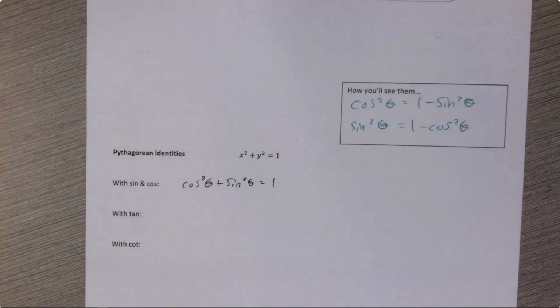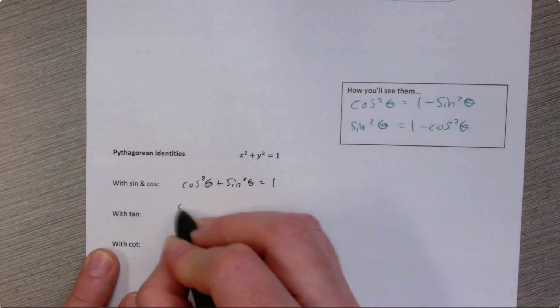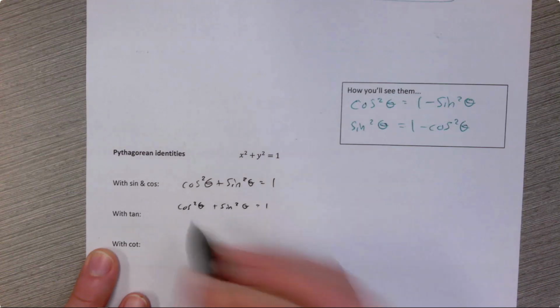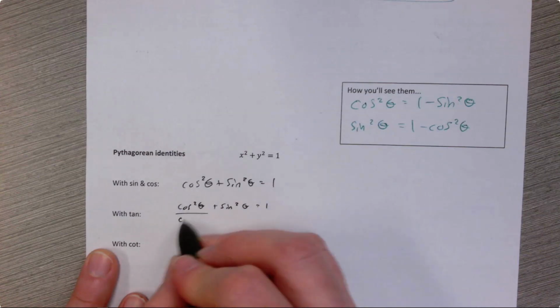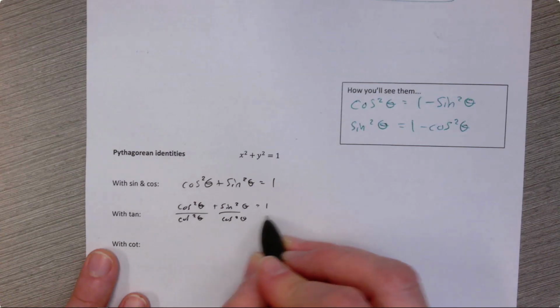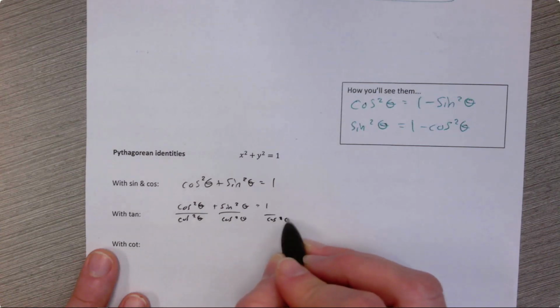Yes, if we divide both sides by cosine squared, so cosine squared plus sine squared equals 1, I'll divide everything by cosine squared: that over cosine squared, that over cosine squared, that over cosine squared.